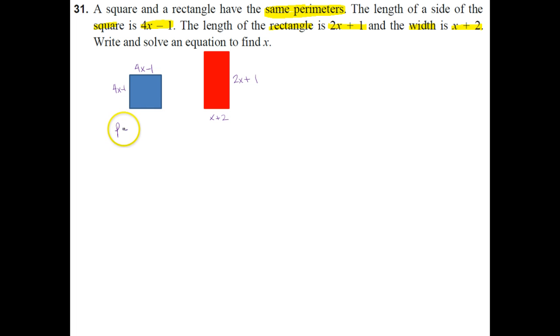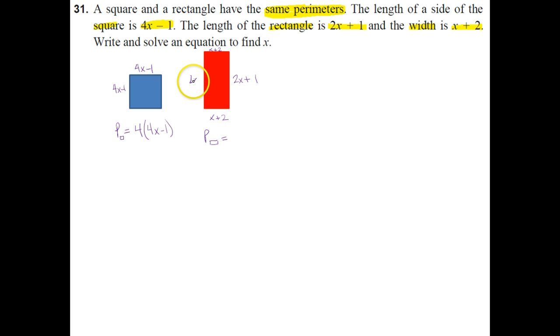So here we got perimeter equals 4 times 4x minus 1. That's the perimeter of the square. And then the perimeter of the rectangle. Let's see, we got an x plus 2 down here. Then this one up here is also x plus 2. On the right side, 2x plus 1.